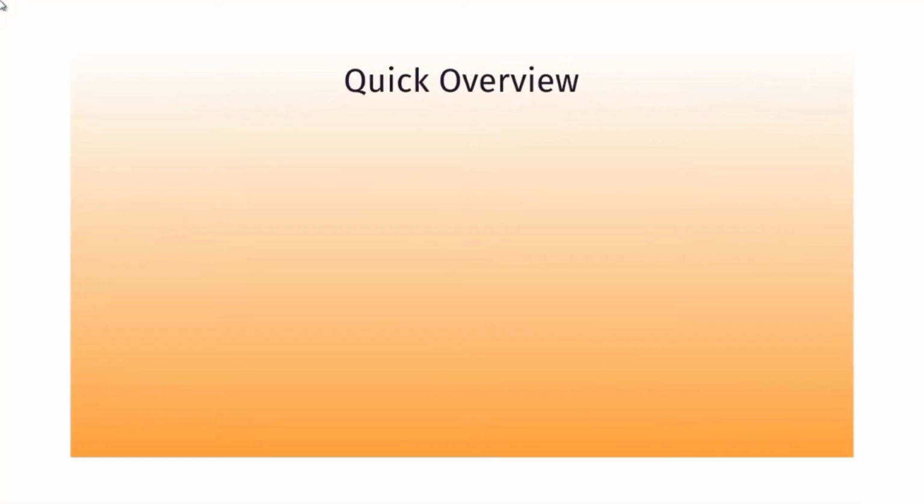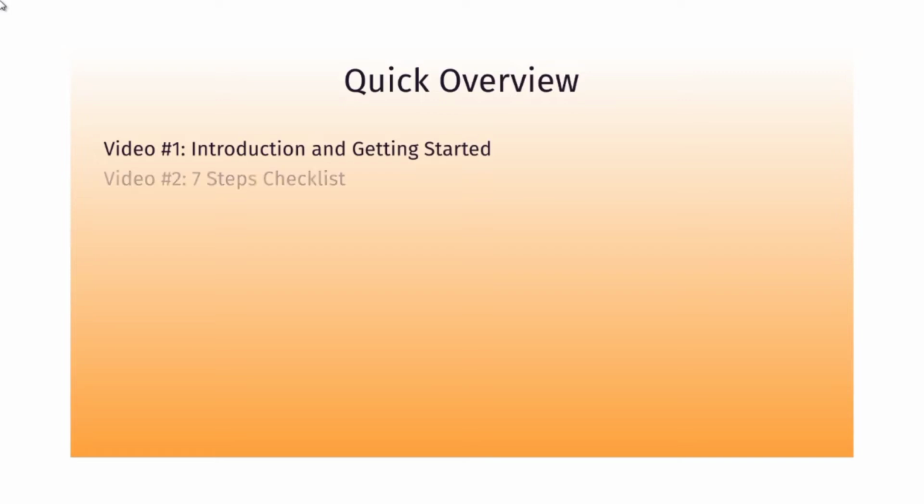Now what I want to do is talk about the video course itself and give you a quick overview. This is video number 1. Video number 2 is the 7 steps checklist. The premise of videos 3, 4, 5, 6, 7, and 8 is that we're going to dive deeper into those 7 steps.